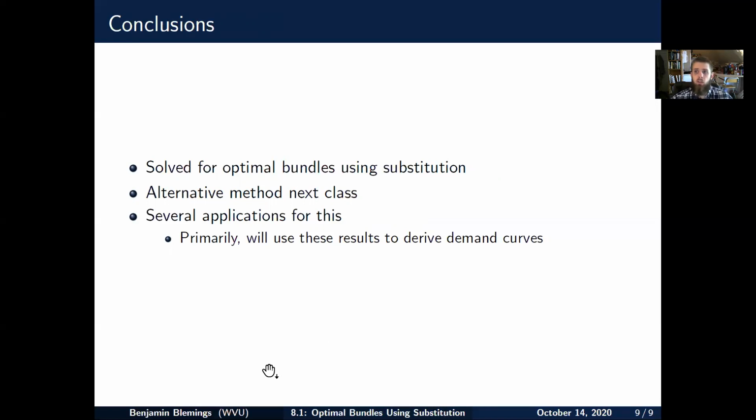I forget what the other one is. The one at the beginning of the video to solve it. And there's a lot of applications for this, and primarily we will use this method to derive demand curves. So if you're ever really wondering where the hardcore decision theory is behind a demand curve, we'll be doing that very soon.